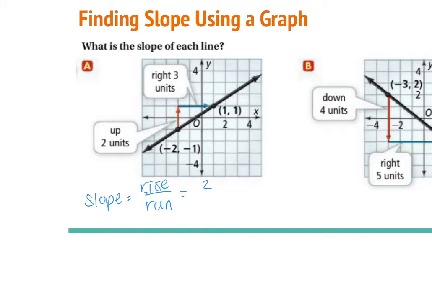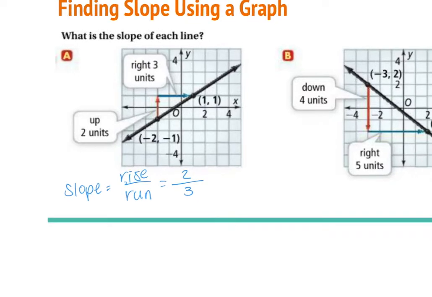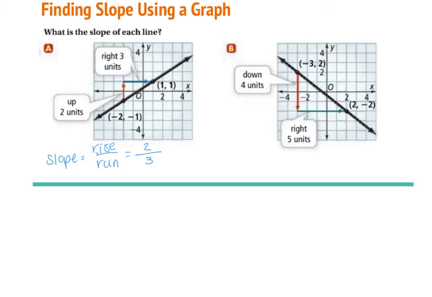You're right. Why positive? Genius. Going up. Very nice. What about the run? What's the run portion of our slope here? Roy? 3. Positive or negative? Positive. Why? We're going to the right, so it's going to be positive. Beautiful. Next one. Slope equals rise over run.